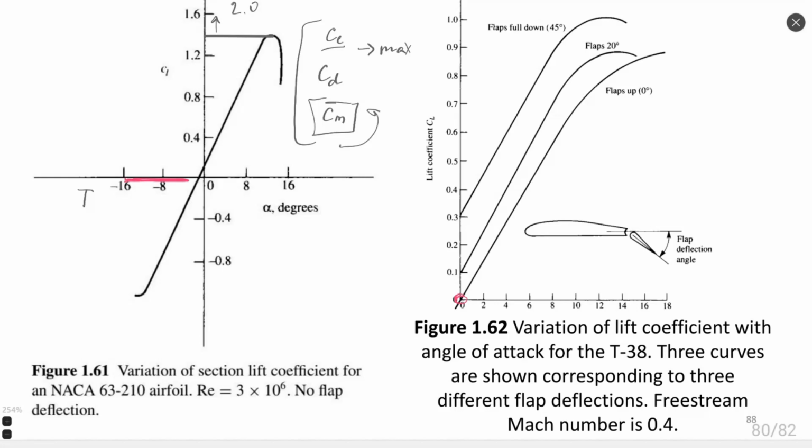This happens always for symmetric airfoils, and for some non-symmetric airfoils also it may happen that when you have zero angle of attack, you have zero lift. You do not generate lift.